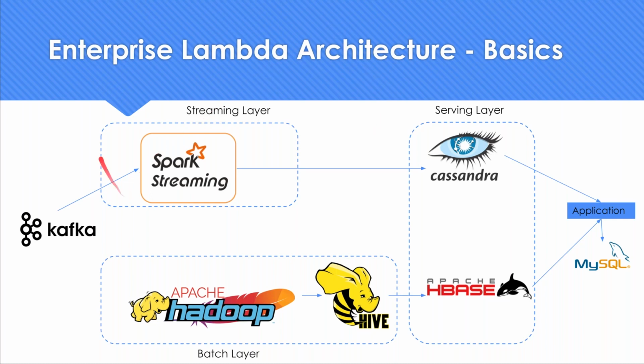components, open source components. For example, if it's batch processing, something coming from a file system, you use Hadoop. It could be uploaded to your Hadoop distributed file system. You do some processing using open source products like Hive, which is a querying layer, a component on top of your Hadoop. So you can query your Hadoop using various tools, like you can write a Pig statement, you can use a SQL format also using Hive.